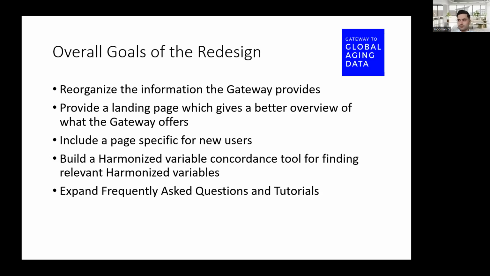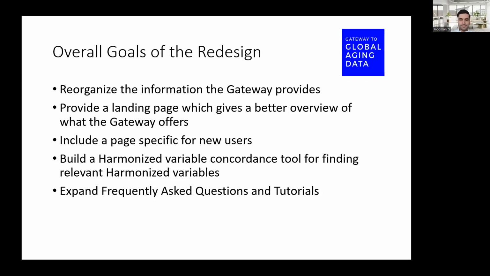So just think, starting from scratch, what kind of organization makes sense at the current level of information that we have on the Gateway. If you remember the current Gateway site, when you first go to g2aging.org, you get this lovely picture of an older couple, but you get almost no information about what the Gateway does or offers, or what the HRS International Family of Studies is about.